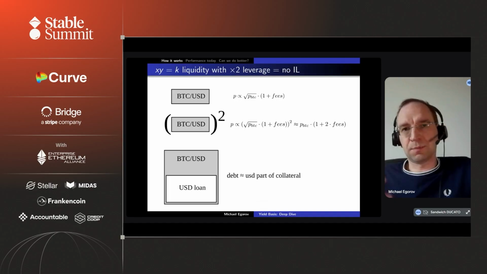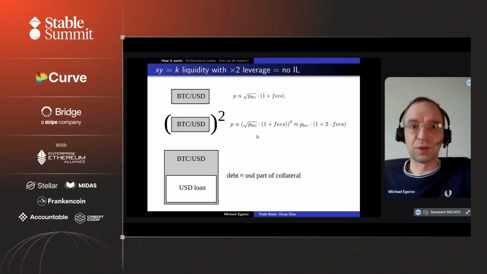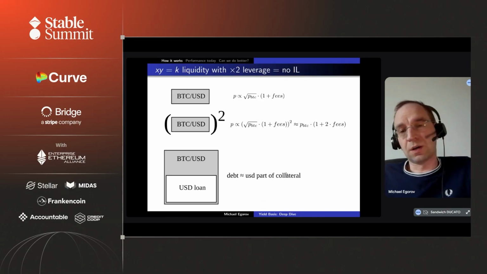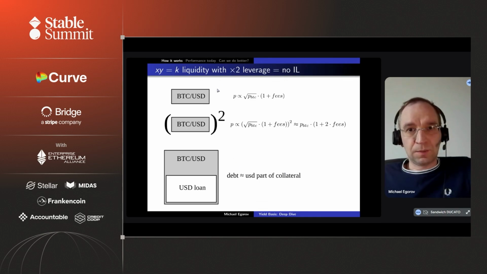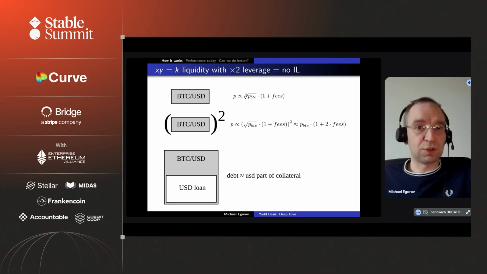So there was some belief that the fees can overcome this impermanent loss, but so far it wasn't true, because at least Bitcoin was growing all the time, and this liquidity in these AMMs always underperformed compared to doing nothing. So it appears that it's possible to get rid of this annoying dependency. You just want to get rid of this square root, right?